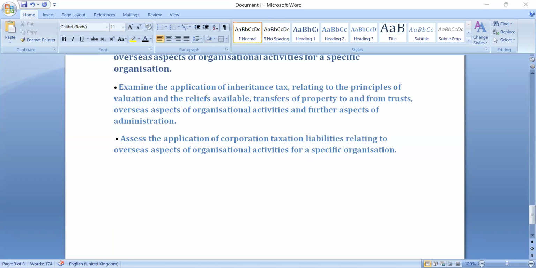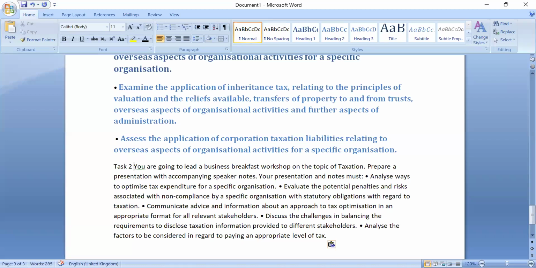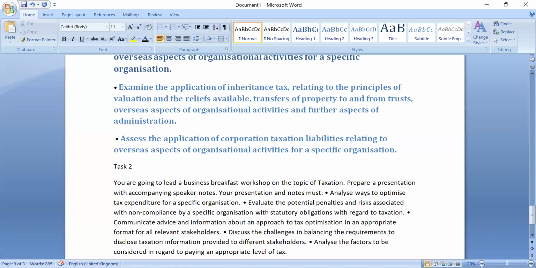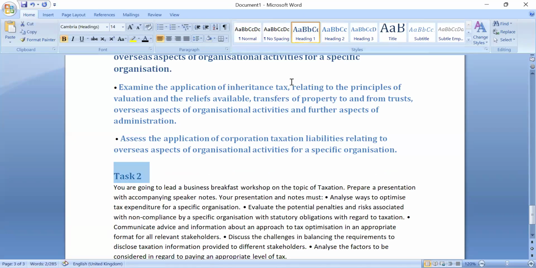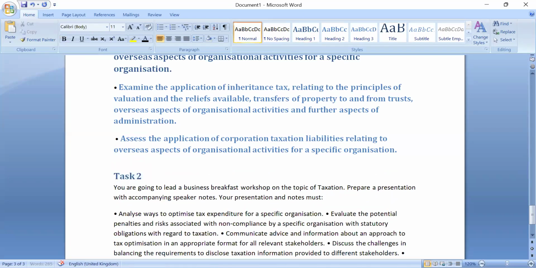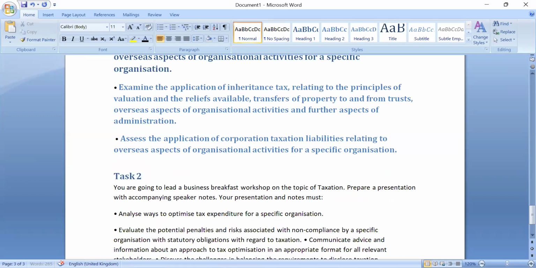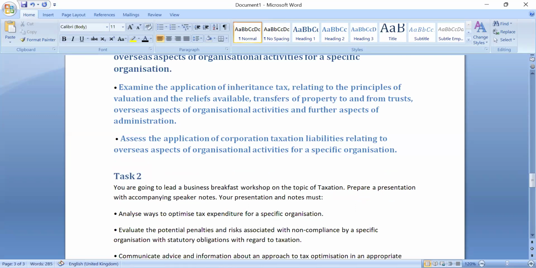Task two is based on LO2 and LO4. So there are all these points we have in task two. You can prepare task two in the PowerPoint slides with notes underneath, as per the guidance you've been given, in the PowerPoint slide and speaker notes, and of course the slides are the presentation bullet points you can highlight as well. A few people didn't, but we can put it as a developmental point.